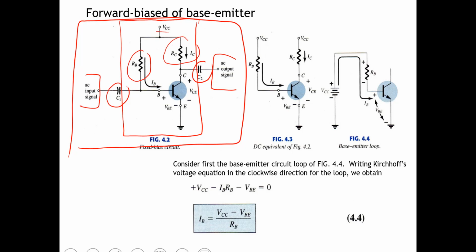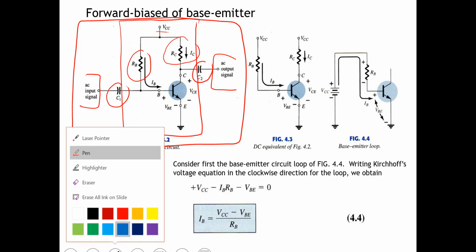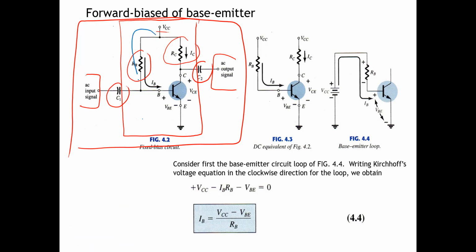So if we have the current from the AC, we have the current here. The coupling capacitors C1 and C2 are to prevent the DC current in the fixed bias from going to the input signal or the output signal.